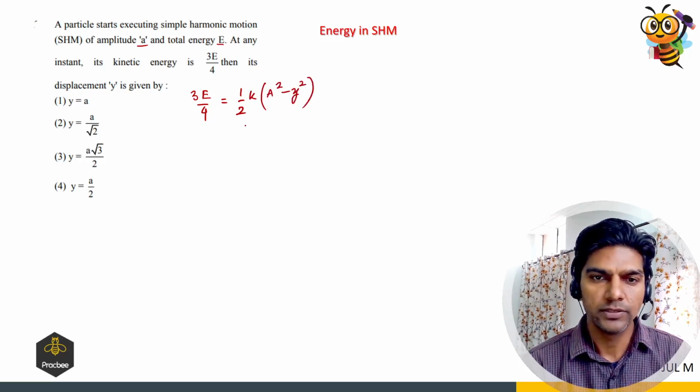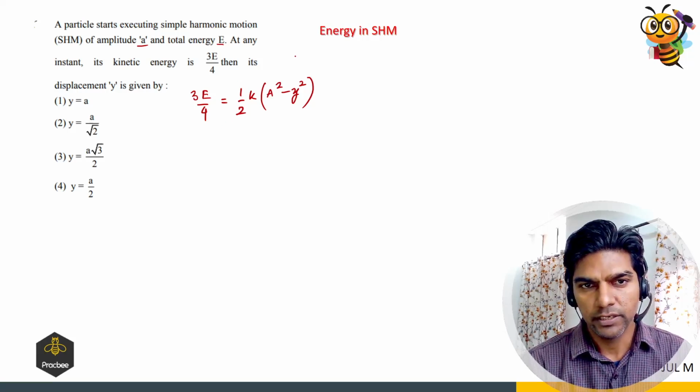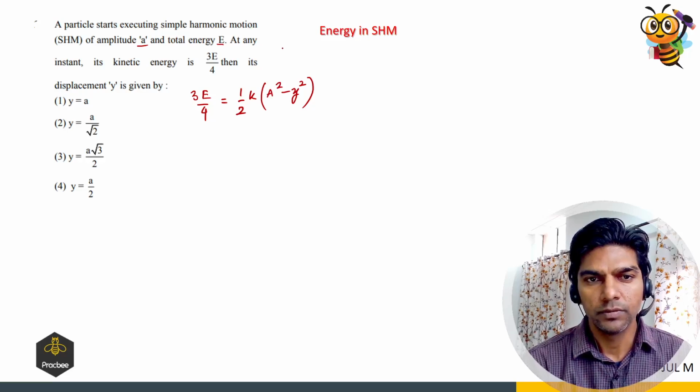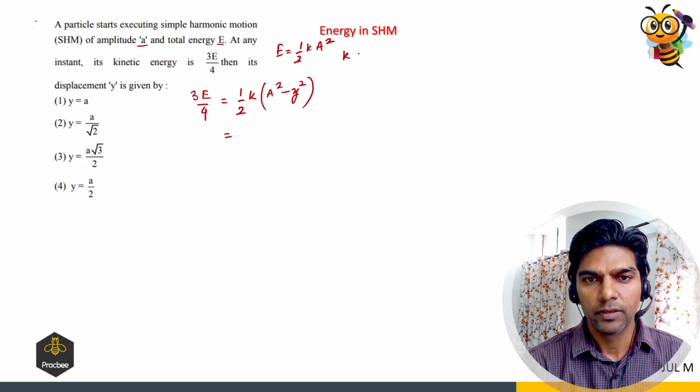Where y is the displacement from the mean position. Now total energy is given as E, and if I assume potential energy to be 0 at the mean position, then total energy can be written as half k A square. So from this we can say k is nothing but 2E by A square, right?